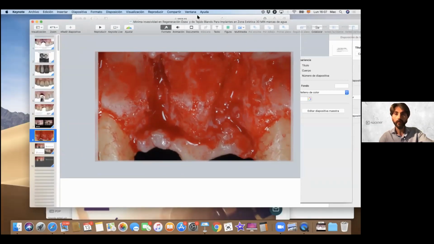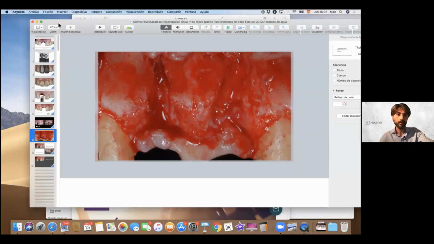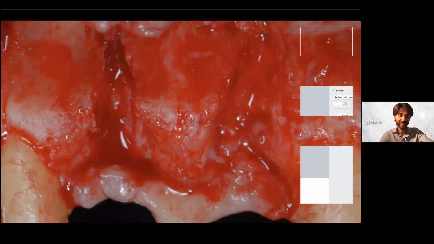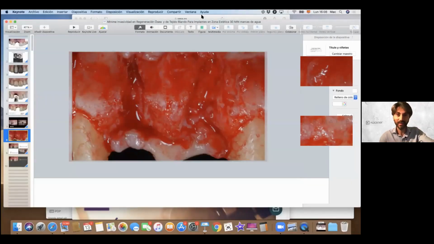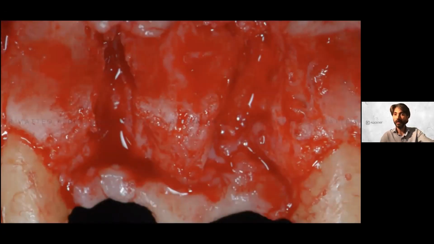Let's try sharing Keynote. Okay, perfect. I cannot use the pointer, but it's okay.